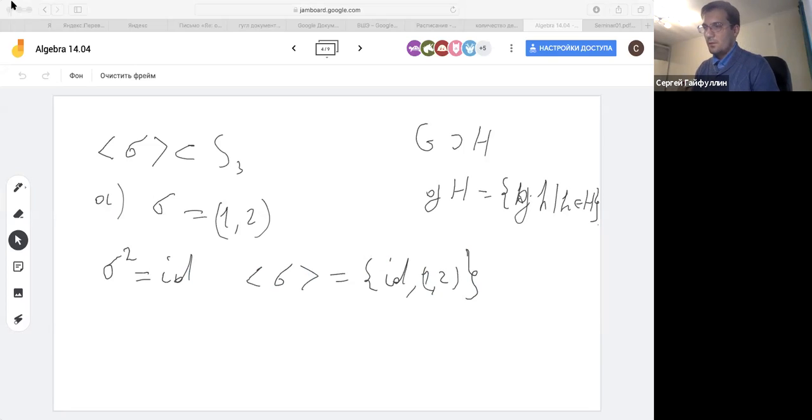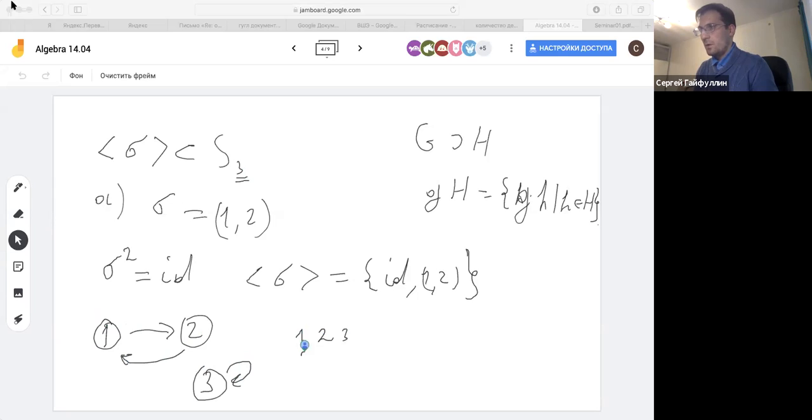What does this notation mean? It means that 1 goes to 2, 2 goes to 1, and since we live in S3, then 3 goes to itself. It corresponds to the following permutation: 2 and 1 go to each other, and 3 stays on itself.